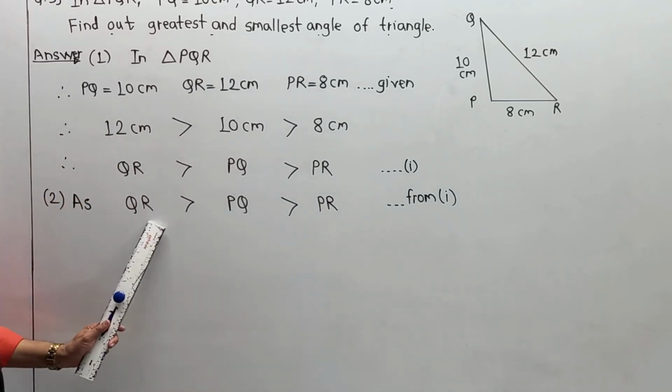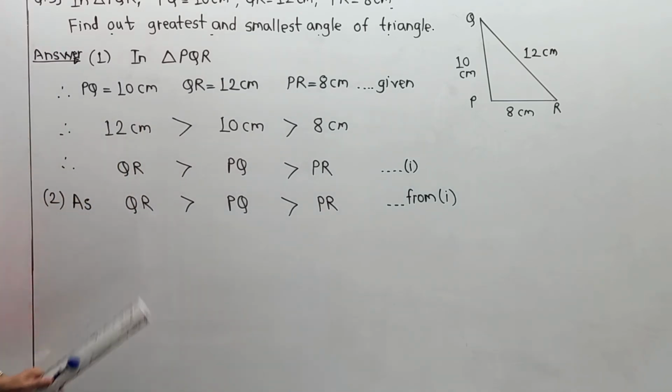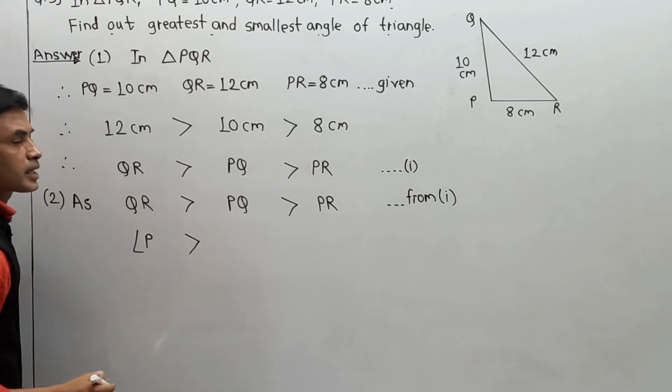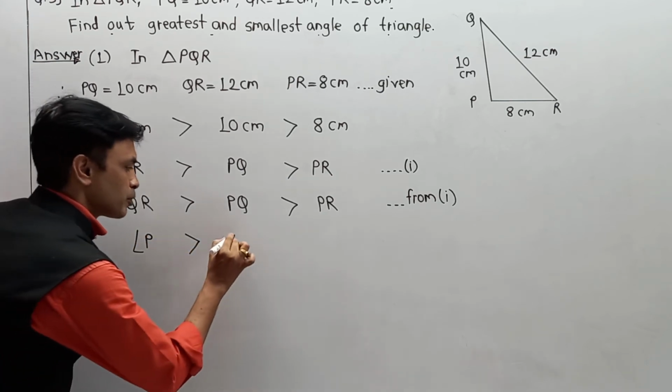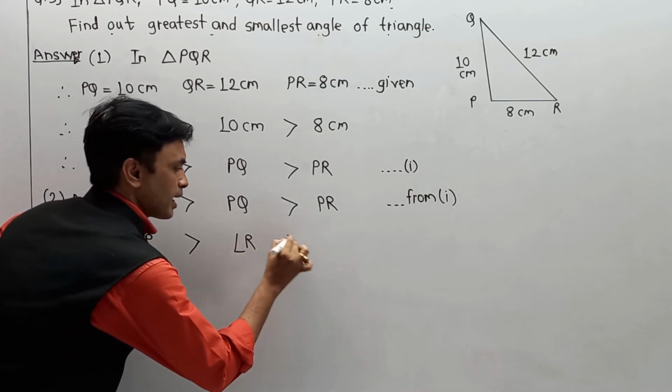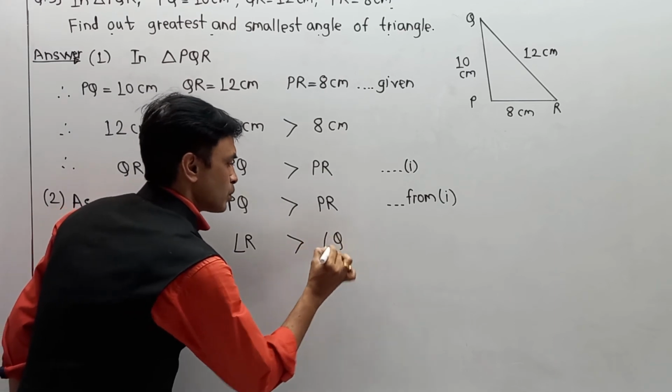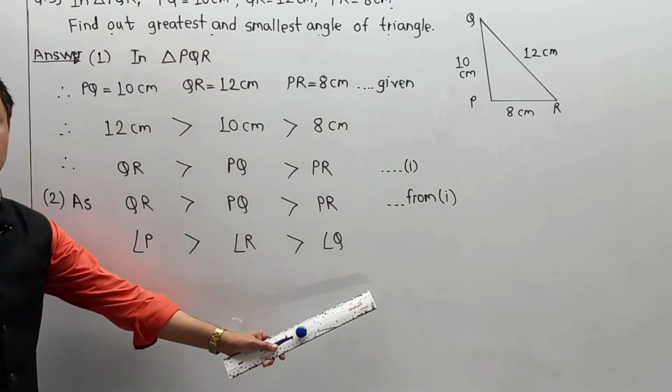Then QR having an opposite angle, that is angle P. So I am going to write angle P is greater than PQ having an opposite angle as angle R, and PR having an opposite angle as Q, or you can also write its total full name.